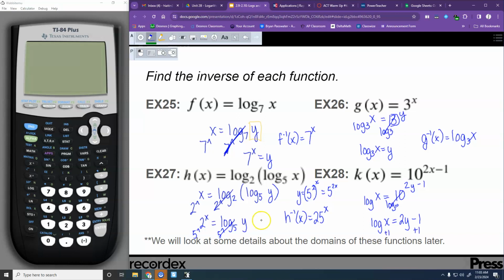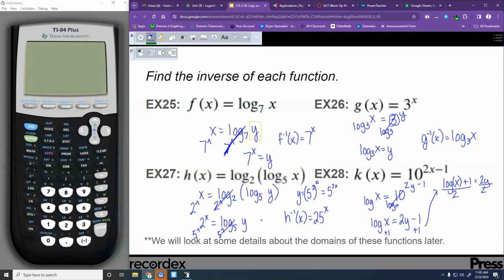So I got log of x plus 1. You don't have to put this here, but like the x, that plus 1 is not inside of the parentheses there. You're just doing log of your x. And then that equals 2y, and I could divide by 2.